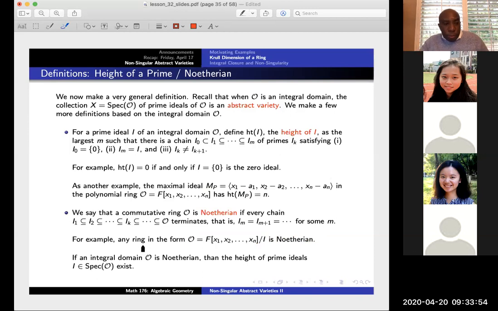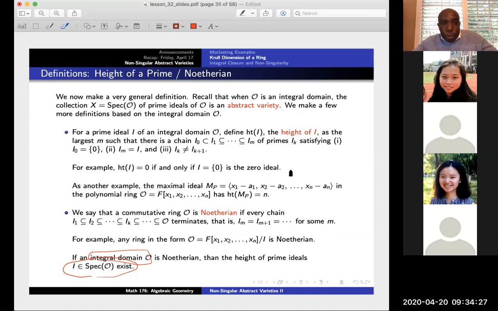Next example: if you're given an integral domain that's Noetherian, then the height of prime ideals does exist. This integer m has to be finite. Part of the reason we deal with Noetherian rings is that the height of an ideal is a finite number. If you're not dealing with a Noetherian ring, the height could be infinite, and then it's pointless to play around with these things.